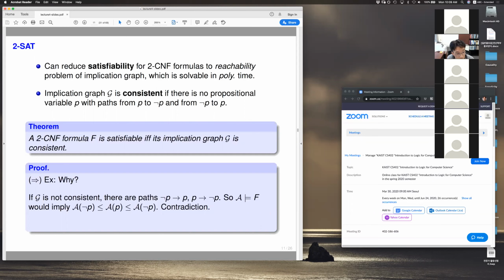Then because of inconsistency, there is a propositional variable P with paths that go from the negation of P to P, and from P to its own negation.